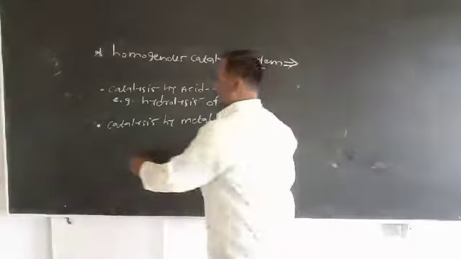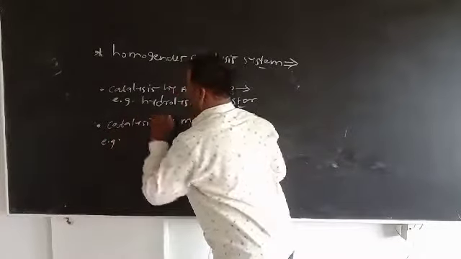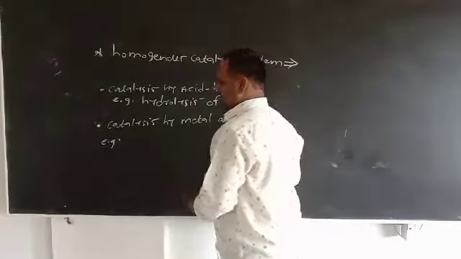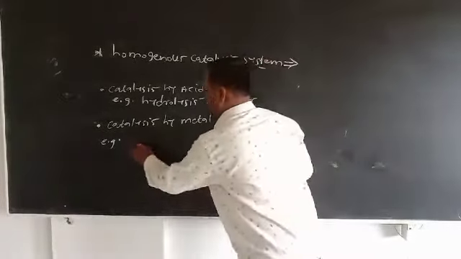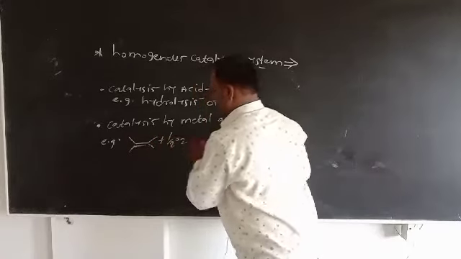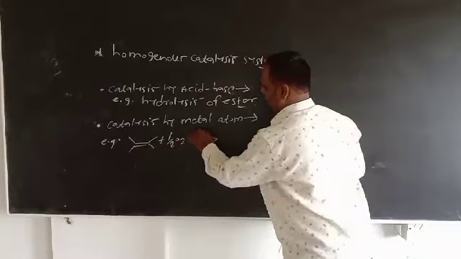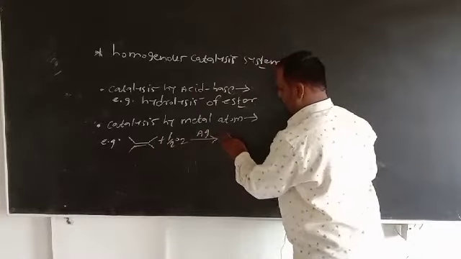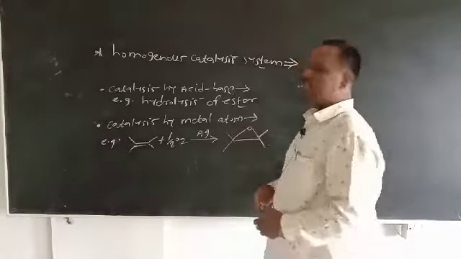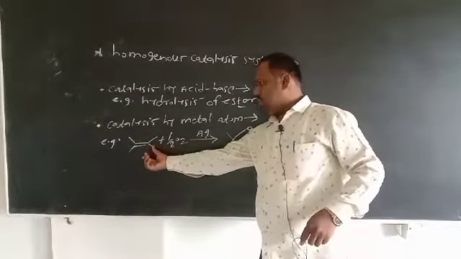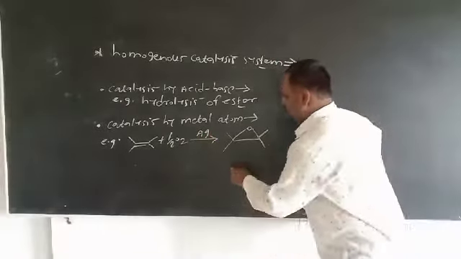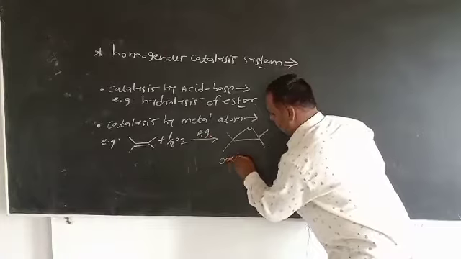The example of this, which we already discussed in selectivity, is oxidation of olefins in the presence of silver as a catalyst to give oxirane as a product.